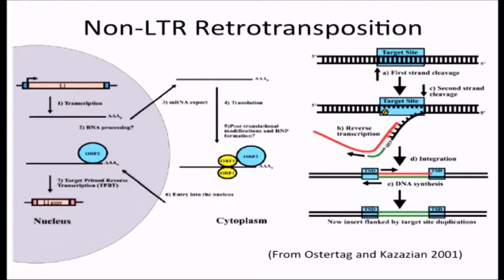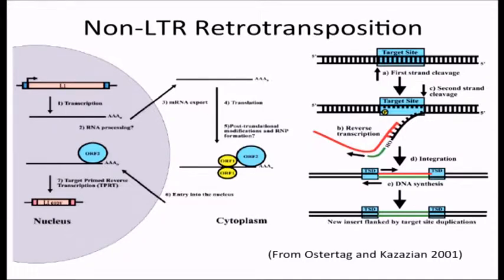It's transcribed. The RNA is exported to the cytoplasm where it's translated, and then after post-translational modifications, a substantial ribonucleoprotein particle is formed, and this particle contains ORF1 protein, ORF2 protein, and probably many other proteins and other RNAs.